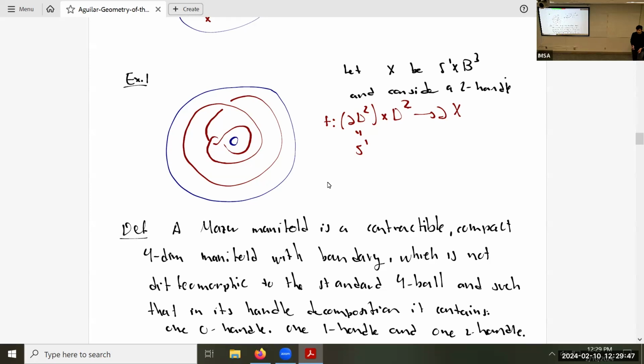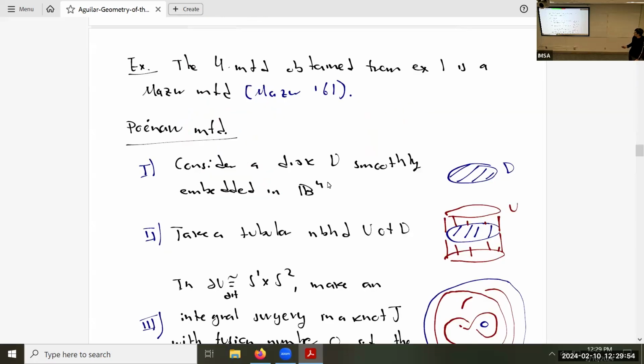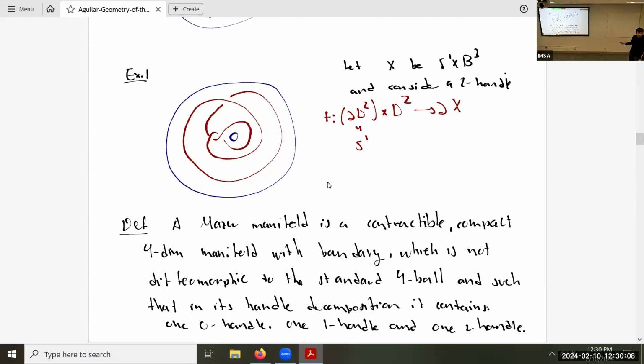So in some sense, they have a very simple handle decomposition. And well, an example that I can give of this is that the 4-manifold obtained by gluing this 2-handle here is a Mazur manifold, and this is the example given by Mazur in '61.